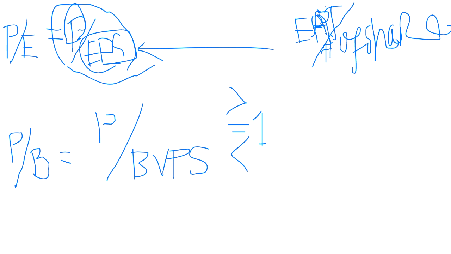If there are negative expectations about this company, market price will be less than the book value, right? Then the ratio will be less than 1, right? So this ratio is generally used as a measure of overvaluation or undervaluation of the stock.